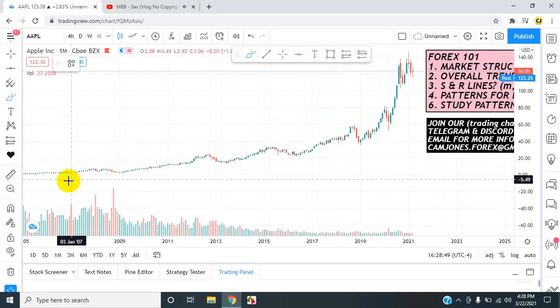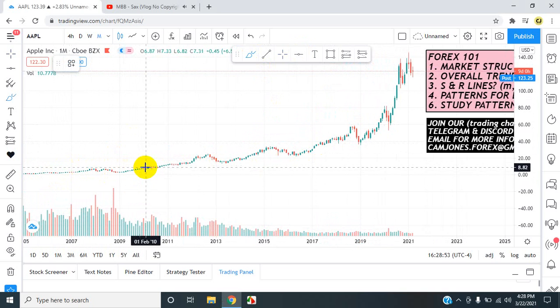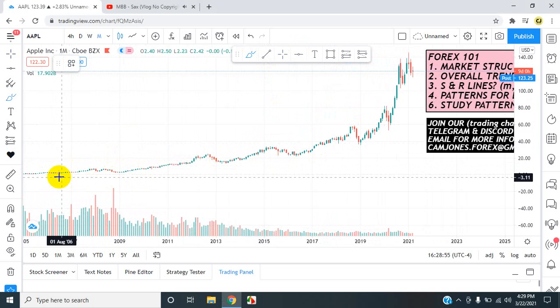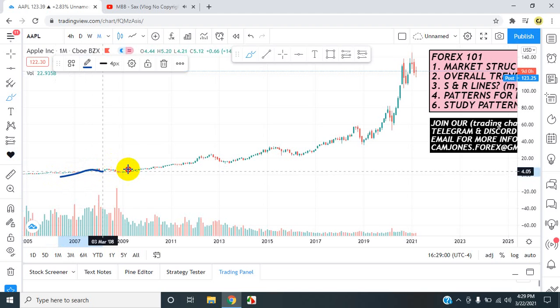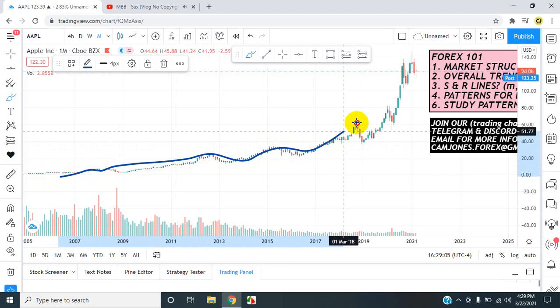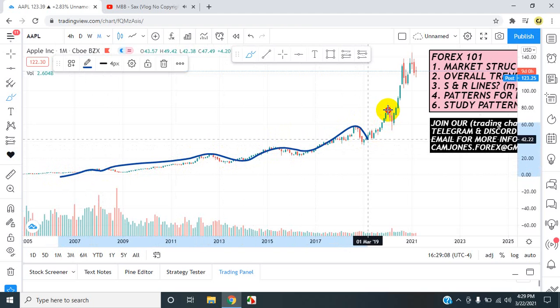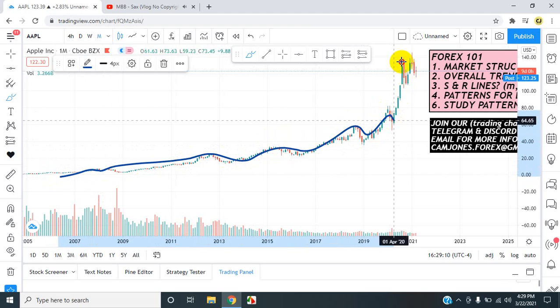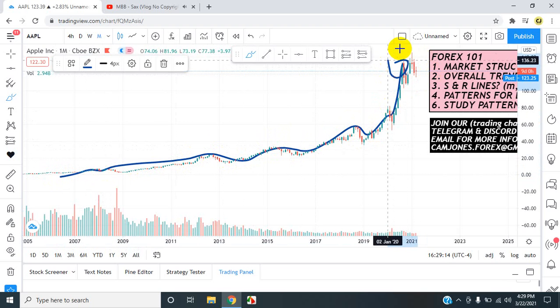I'm not going to go back years previously because there's a whole bunch of just light, small candles and lines. So we can see that the price bounced up, bounced down, creating new higher highs, creating new areas of support and resistance. We got that push up once, push up twice, push up third time, and then the market consolidates.